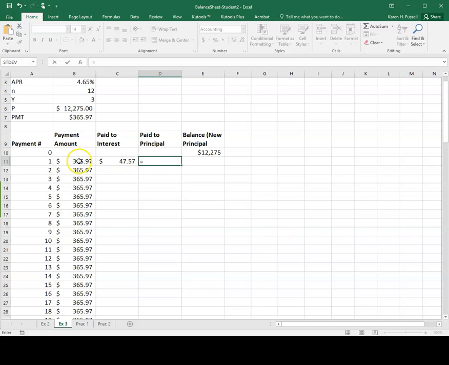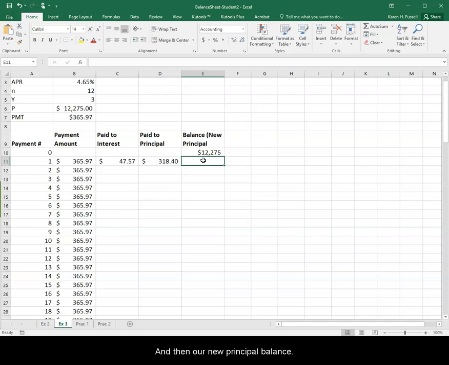To get the amount paid to principal, we're going to subtract our payment amount and our interest. So equals cell B11 minus C11, and hit enter. The amount paid to principal, $318.40. And then our new principal balance, we'll do equals, and we're going to take that principal, that E10.